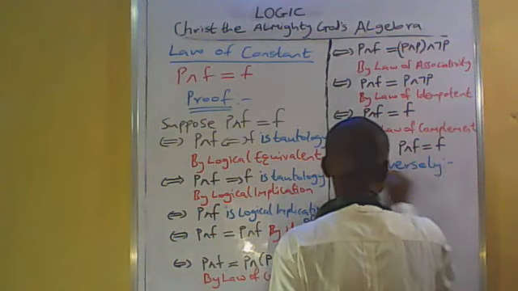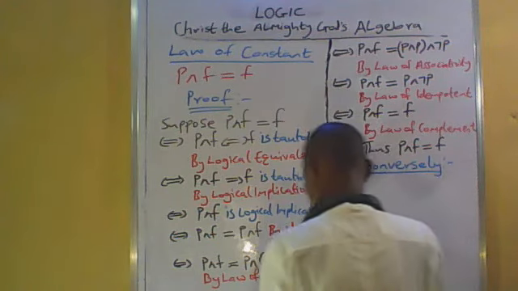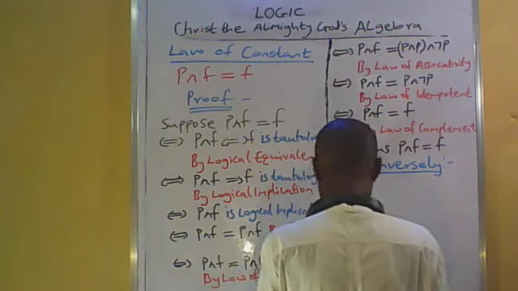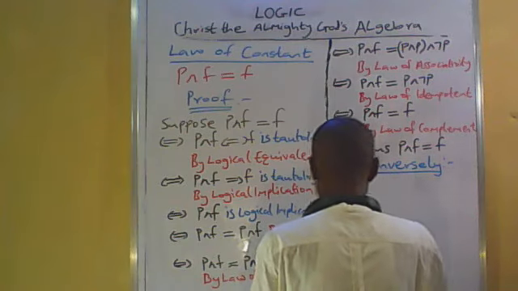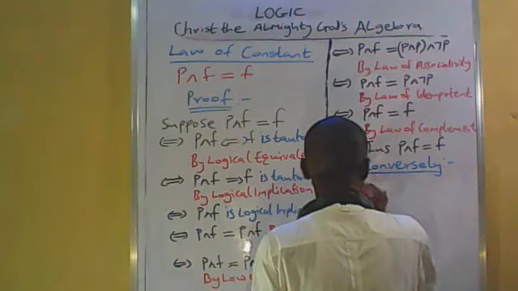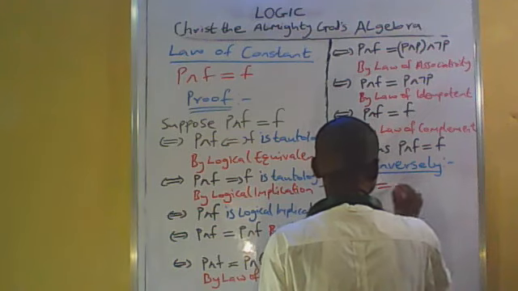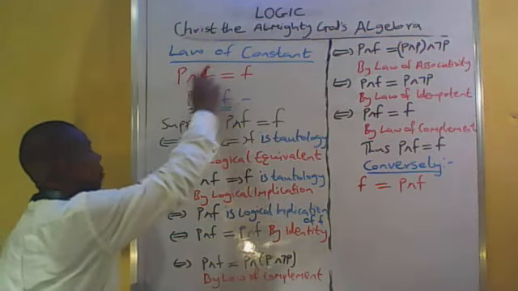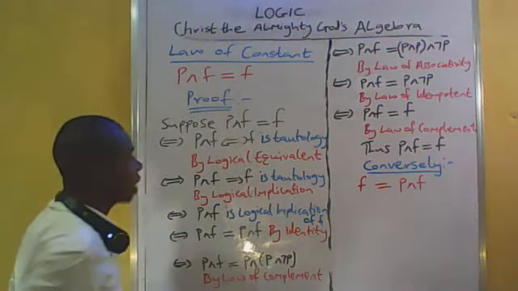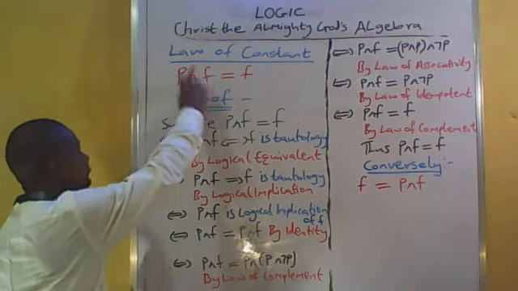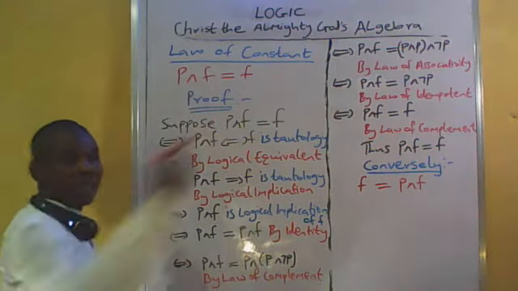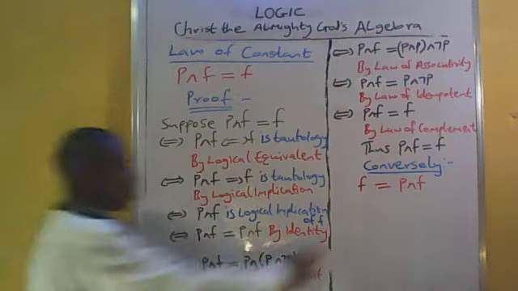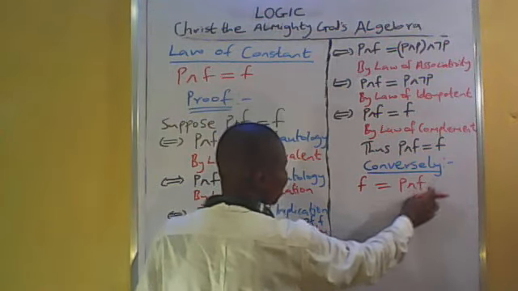Conversely, F is equal to P and F. This is the converse of P and F equal to F. You have seen that this P and F at the left side of the equation has now become P and F at the right side of the equation.